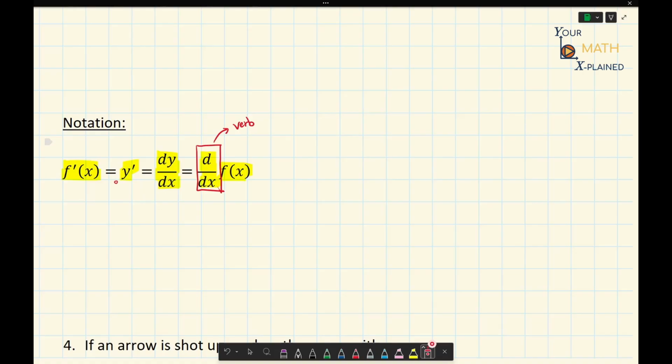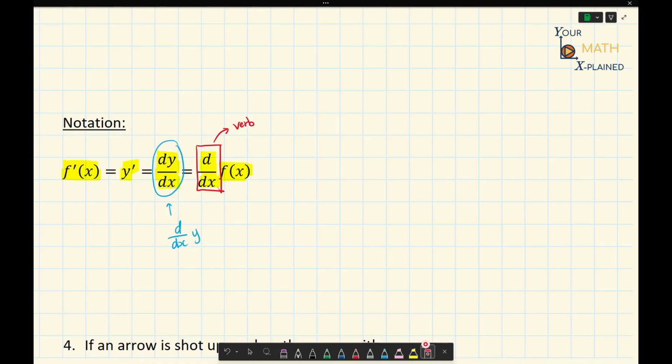And y prime means the derivative of y. So this dy by dx, you can think of it as d by dx, meaning the act of taking the derivative of y. Once we take the derivative of y with respect to x, we end up with a noun, which is the derivative of y with respect to x.